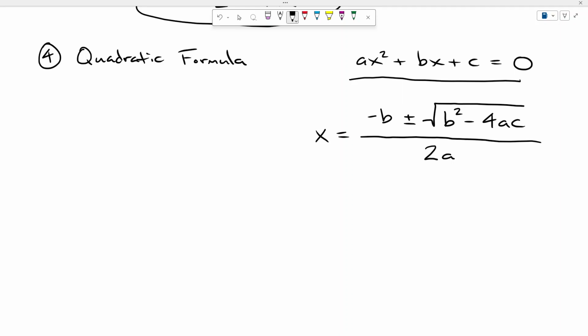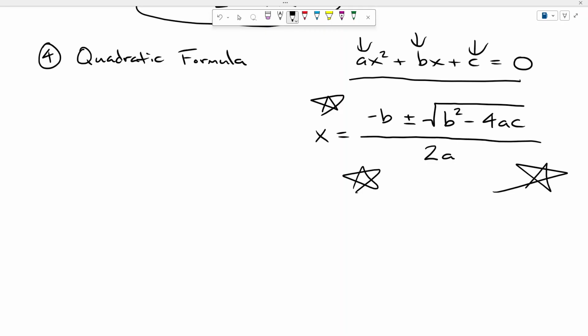Worst case, you can always use the quadratic formula. So this would be very, very important to memorize. Negative b plus minus square root of b squared minus 4ac over 2a. All right, when we have it in this form, we got our a, we got our b, and we got our c.